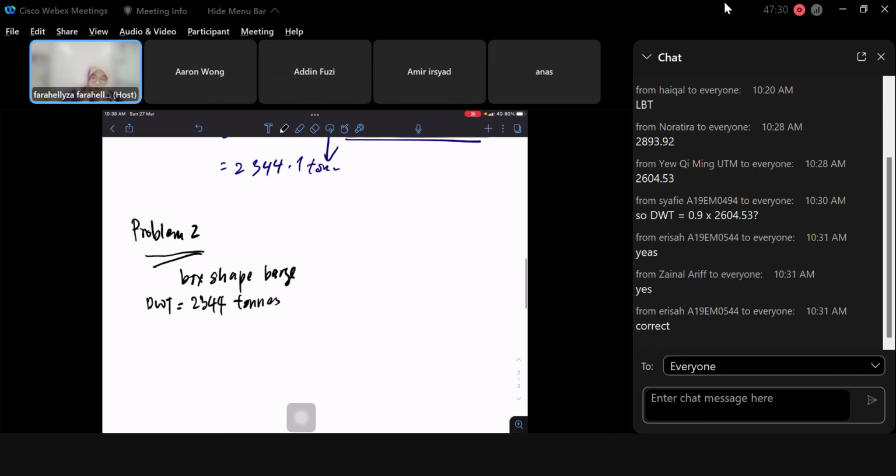You can use the similar correlations, meaning that your WLS is equal to 10% of W. These are all the information that you have. Now you need to find the size, which is basically L, B, D, and T. So this is the summary of the problem.